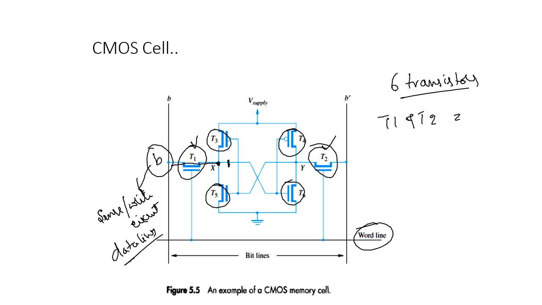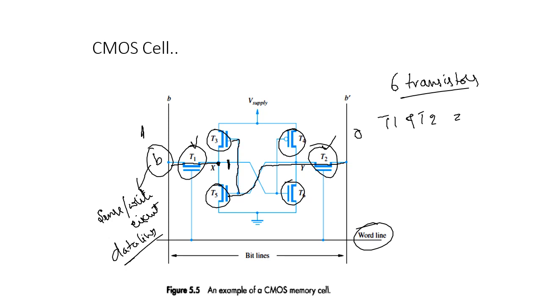So if you want to write 1 to the cell, then this bit B will be 1 and this will be 0. So when you turn on T1 and T2, the 0 flows from this terminal to this terminal, as well as this terminal.